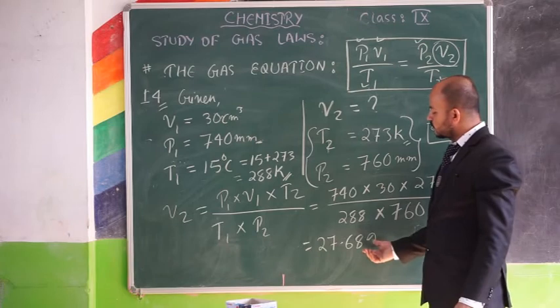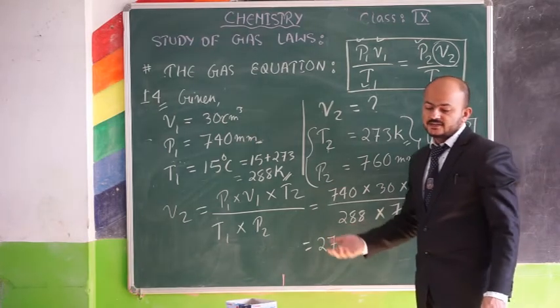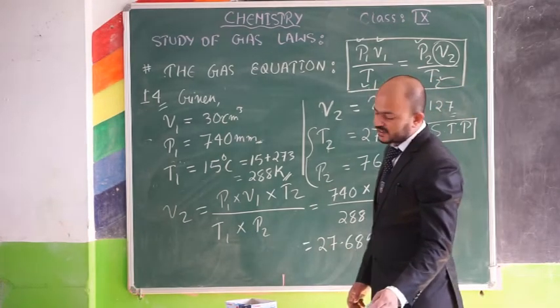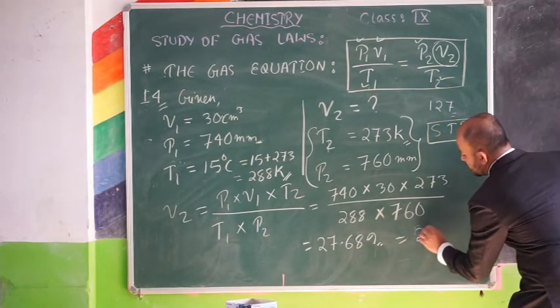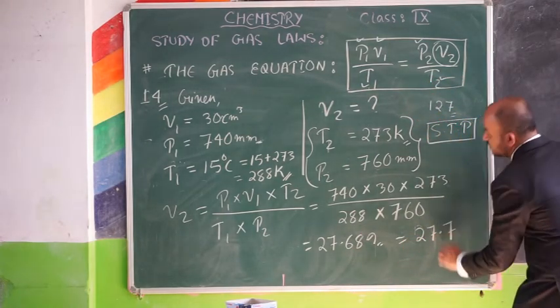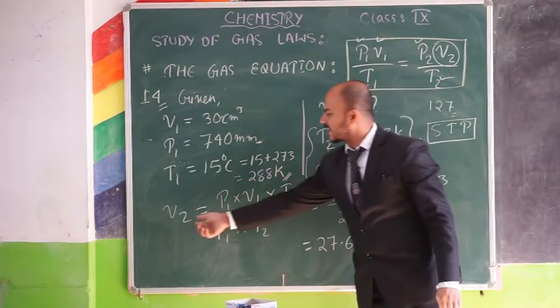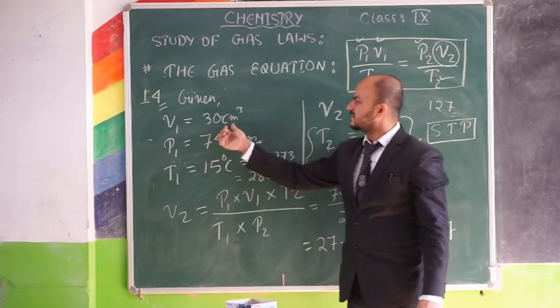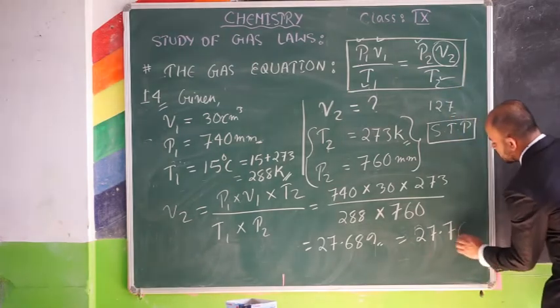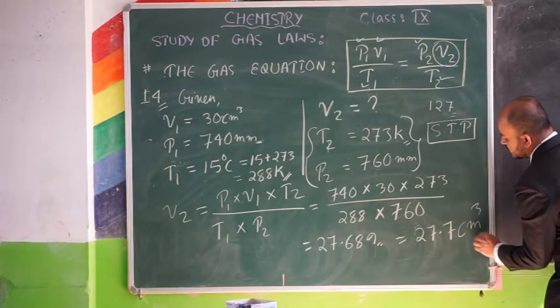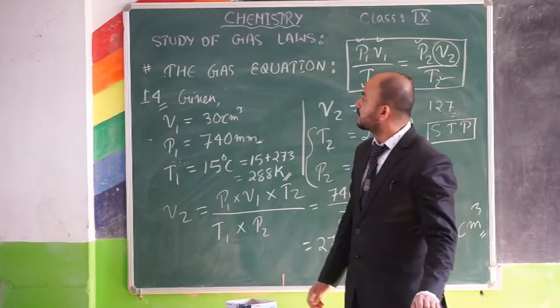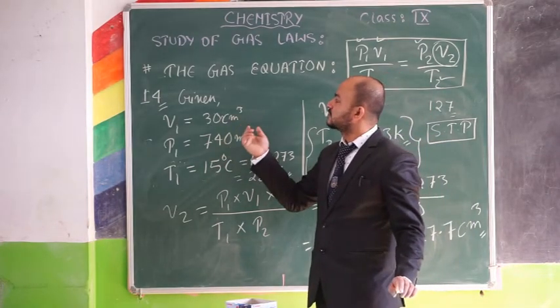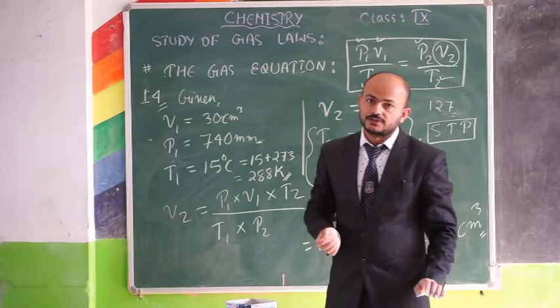And if you want to match your answer, they have given 27.7, so you can round it off. Since you are calculating volume, and volume is given in centimeters, this is 27.7 centimeter cube. This is how we apply the gas equation to solve the numericals.